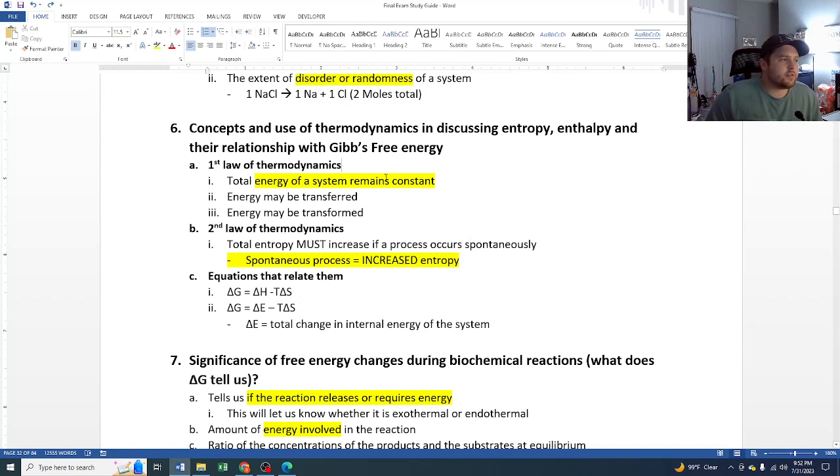The different laws of thermodynamics. The first law is that the total energy of a system remains constant; energy may be transferred or transformed, but never destroyed. The second law is that total entropy must increase if a process occurs spontaneously.